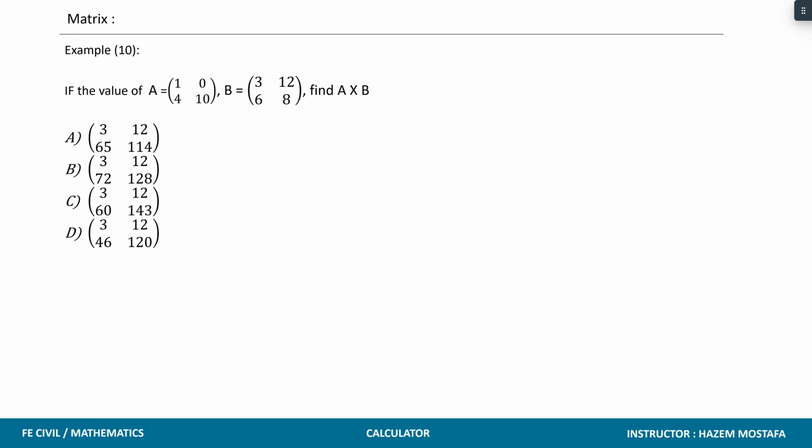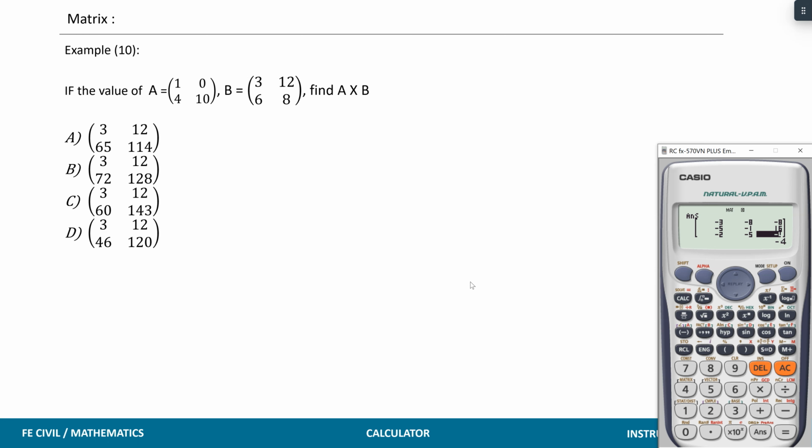If you want to multiply two matrices, if you want to start from the beginning, we can press mod, or we can start with shift and the matrix, but I prefer to start from the beginning, so we're gonna press on mod.